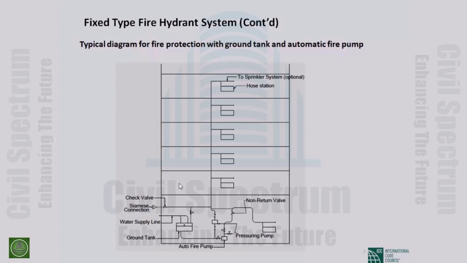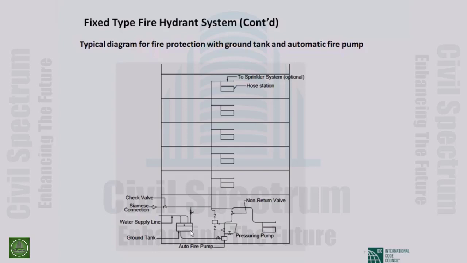So there is a tank in the drawing that is under the ground. It will be filled up with some reserve water so that in the event of fire there will be no delay of water supply. And the tank will be fed from any source.